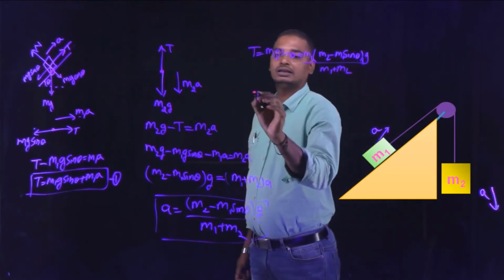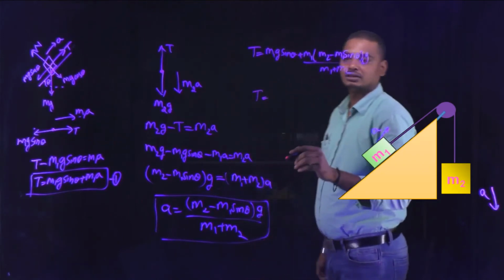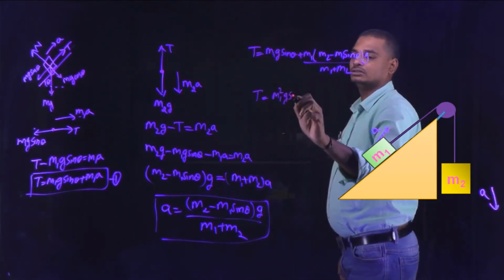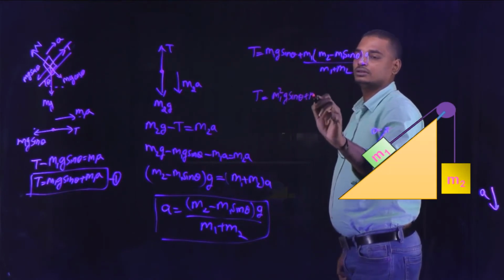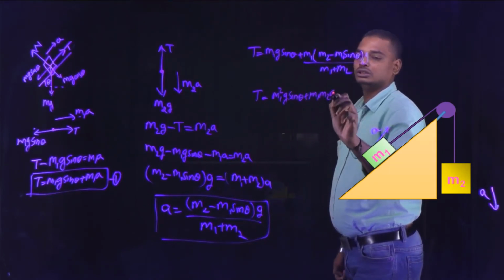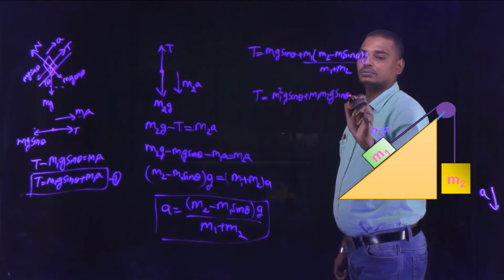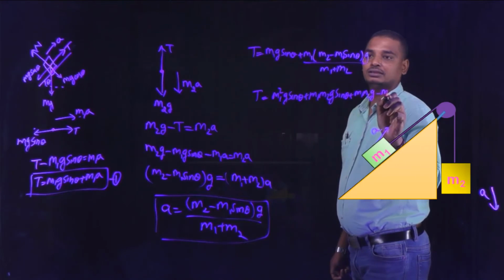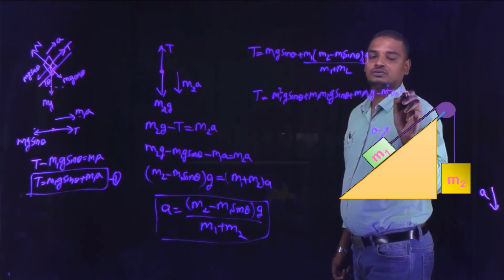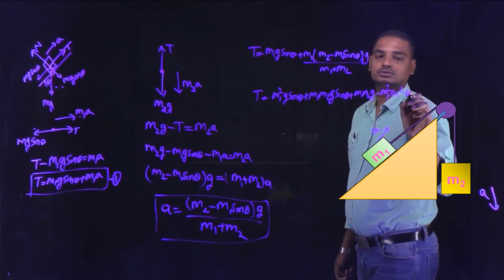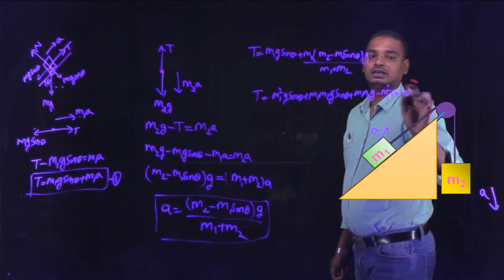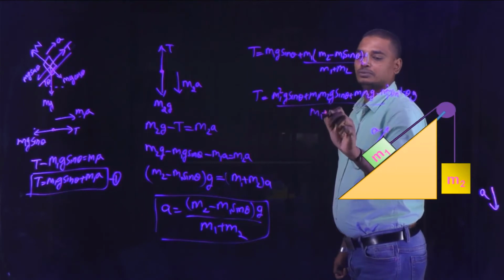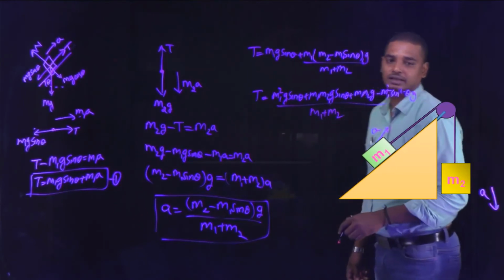By calculating, we can get tension T is equal to m1 square g sin theta plus m1 m2 g minus m1 square g sin theta, divided by m1 plus m2. I have simplified the equation by taking LCM.